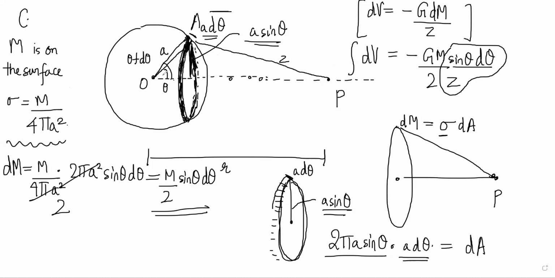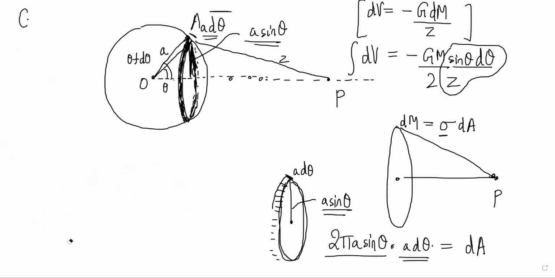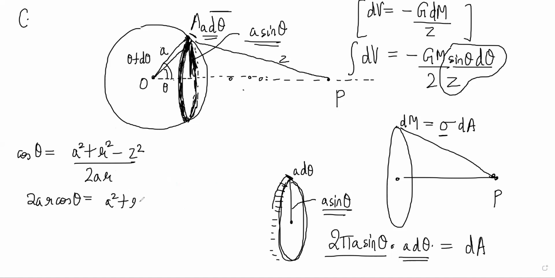Then if you write the cosine rule, cos theta will be equal to, cosine rule, everyone remembers, right? cos theta will be equal to a square plus r square minus z square by 2ar.